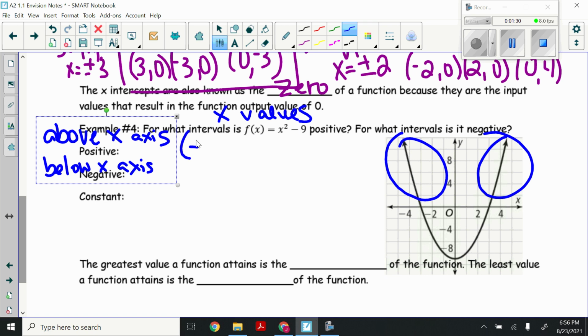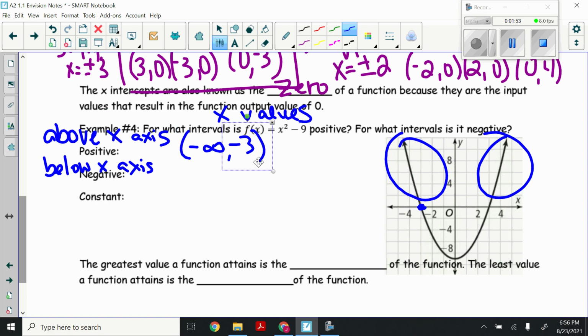That is in parentheses. It stops being positive right here at -3. We don't call it either positive or negative at -3 because at -3 the y is 0 and that's neither positive or negative. So negative infinity to -3 in parentheses because that is not included.